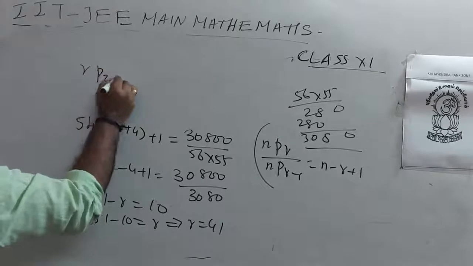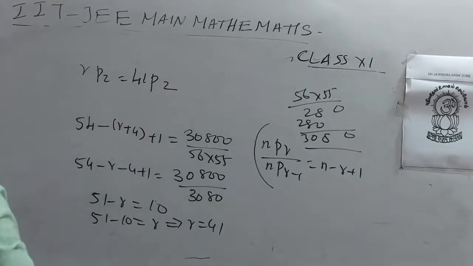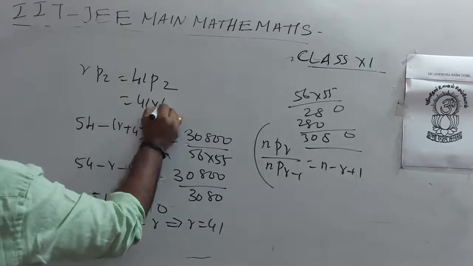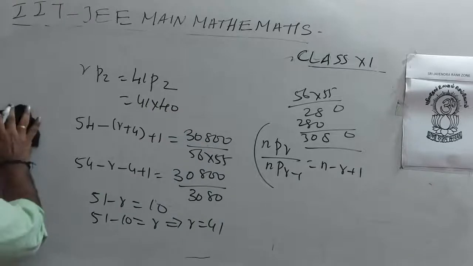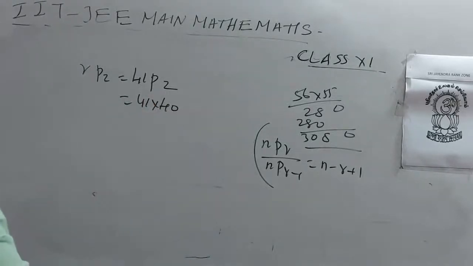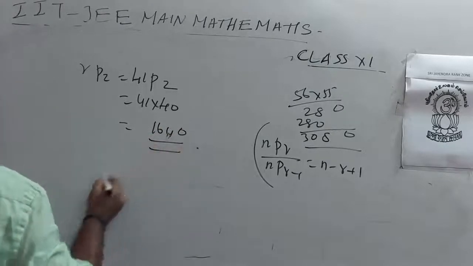So we have to find rP2, that is 41P2, which means 41 into 40, equal to 1640.